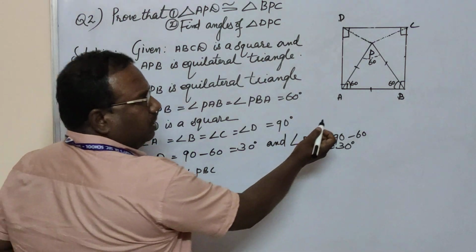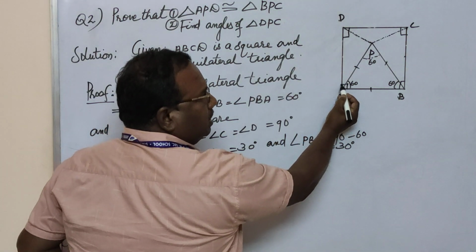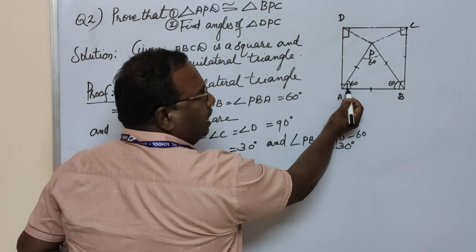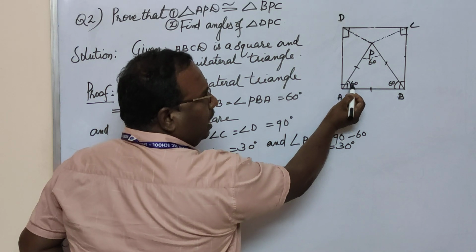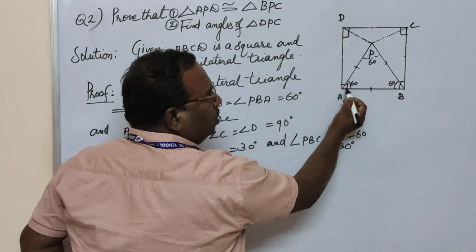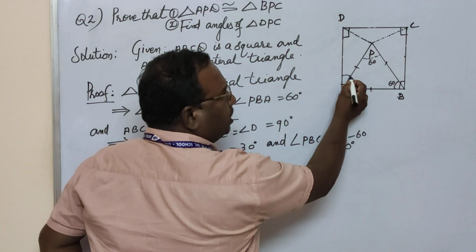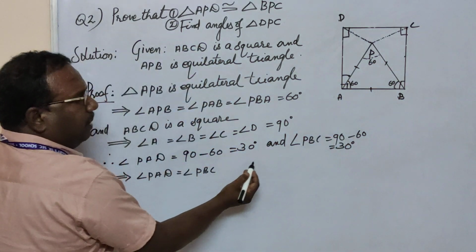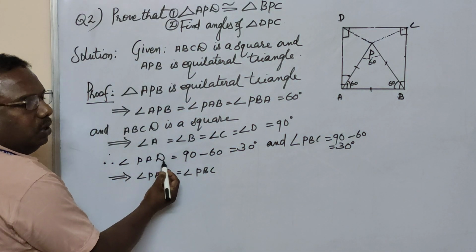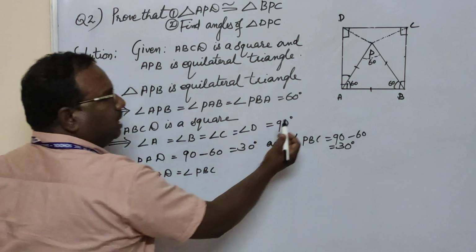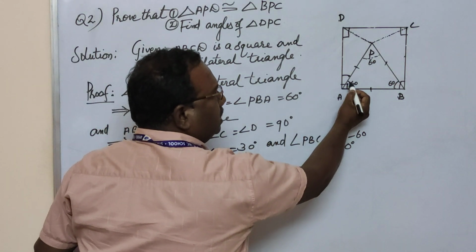So now look at the figure. This angle A is 90 degrees and this part angle PAB equal to 60 degrees. Therefore you can find the measure of this angle: 90 minus 60. This complete angle minus this much part.